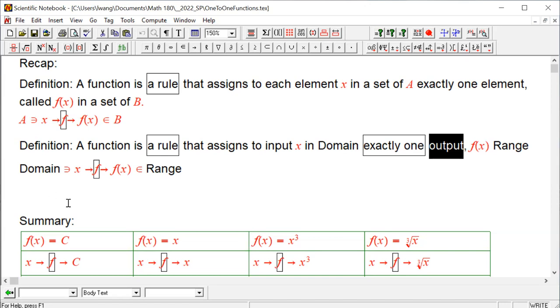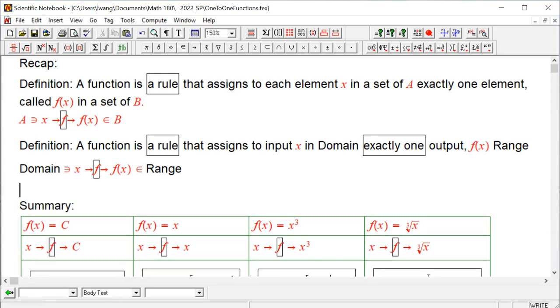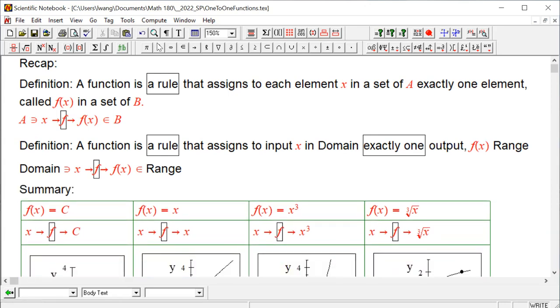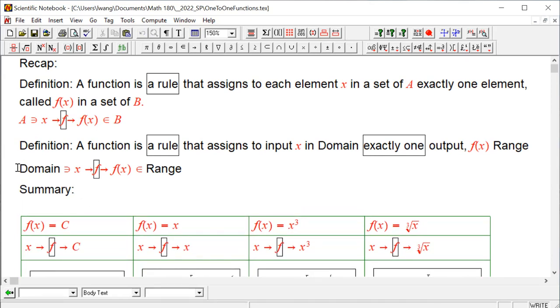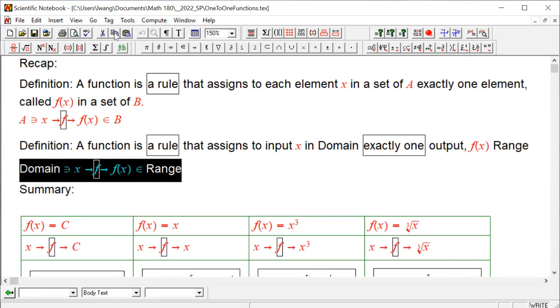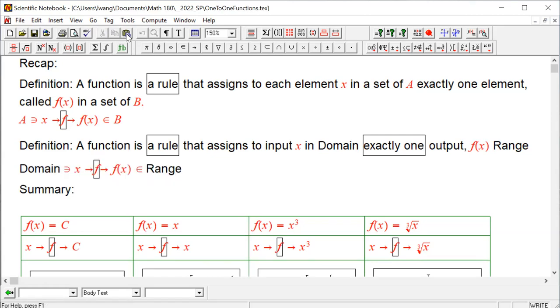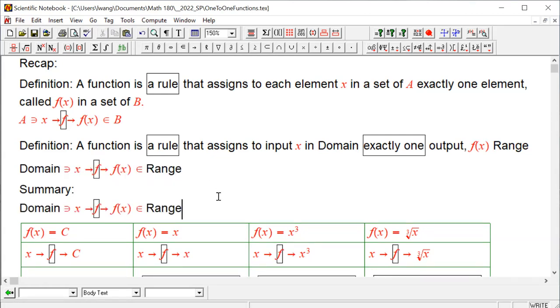We have studied all of these functions, and they all satisfy that condition. If we summarize what we have done about the 8 functions, we notice that they are merely different rules.